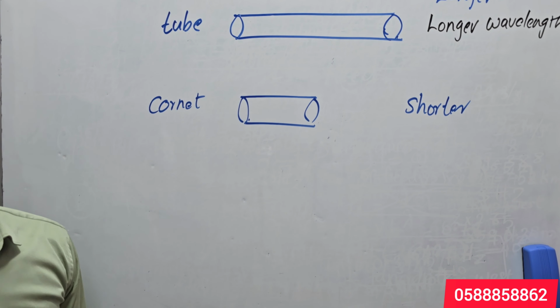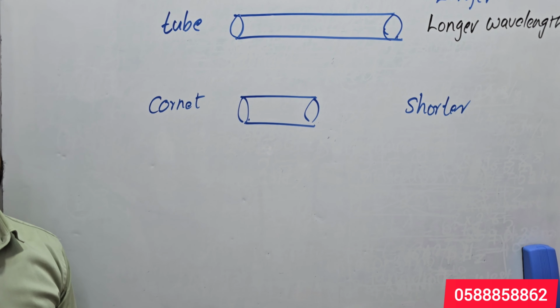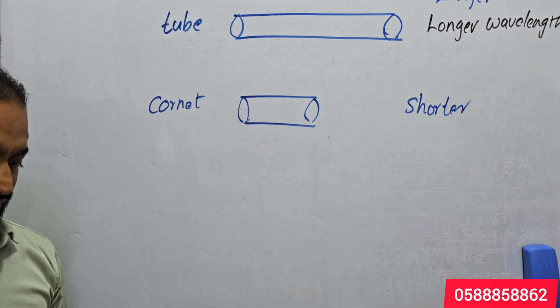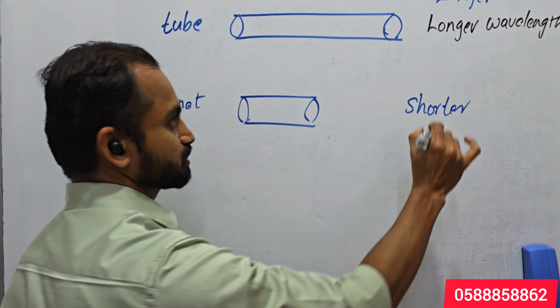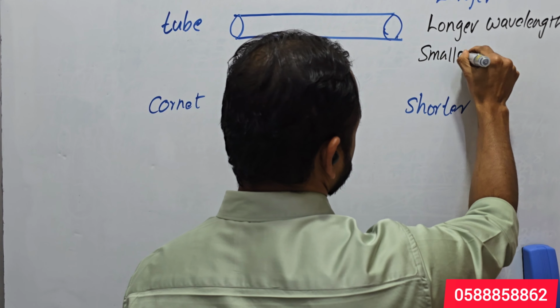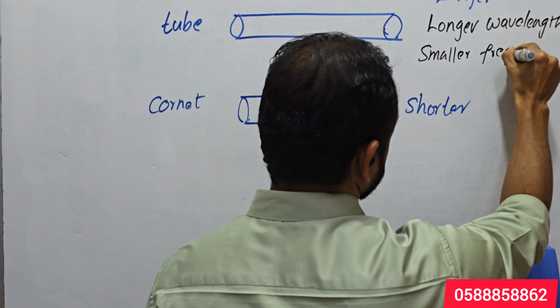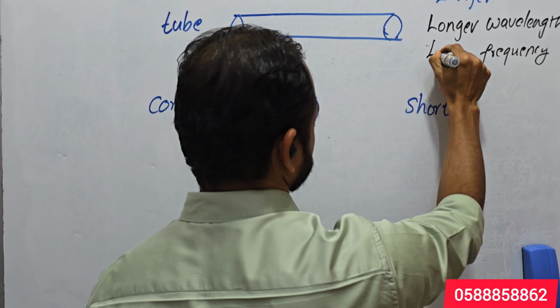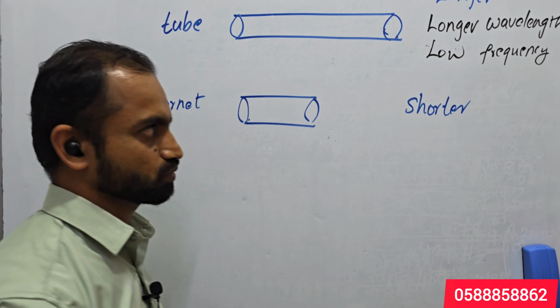Longer wavelength means what about the frequency? Large frequency or small frequency? Small frequency, right? Longer wavelength means smaller frequency, which means low frequency. We say low frequency sound, right?